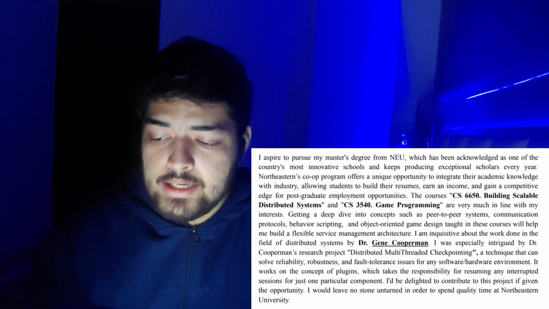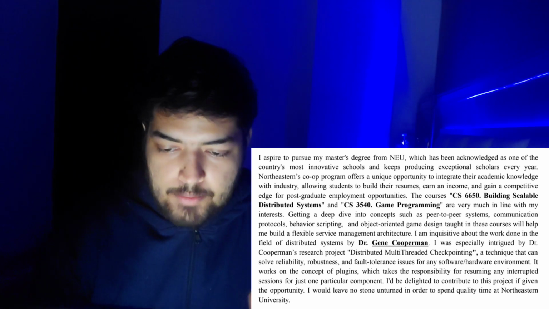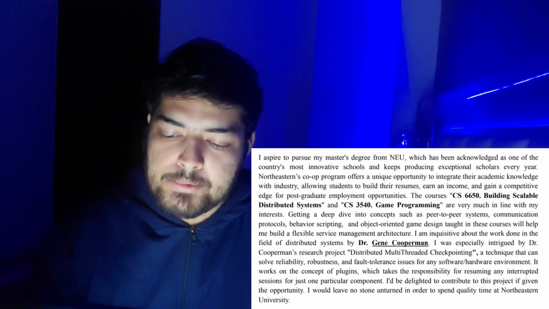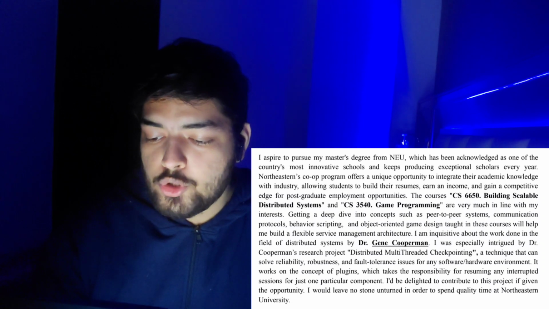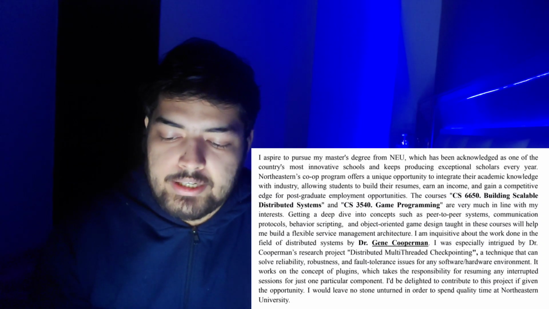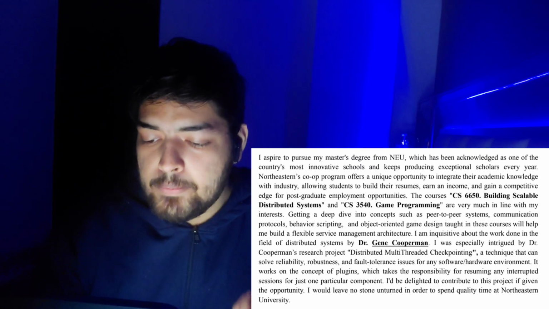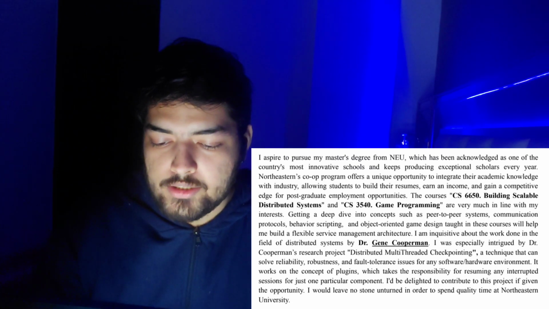The courses Building Scalable Distributed System and Game Programming are very much in line with my interest. Getting a deep dive into concepts such as peer-to-peer system, communication protocol, behavior scripting, and object-oriented game design taught in these courses will help me build a flexible service management architecture.